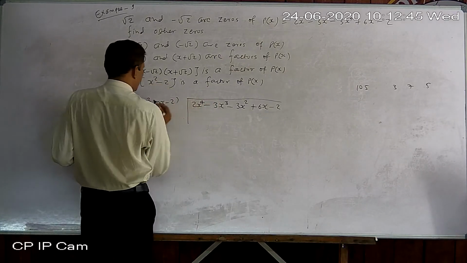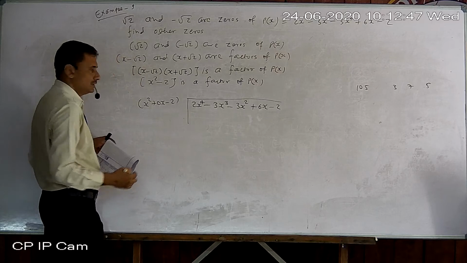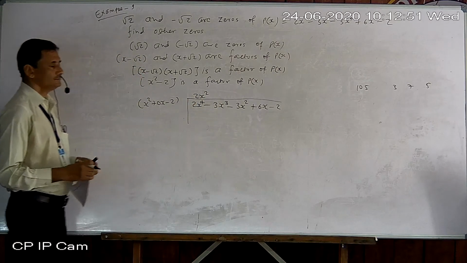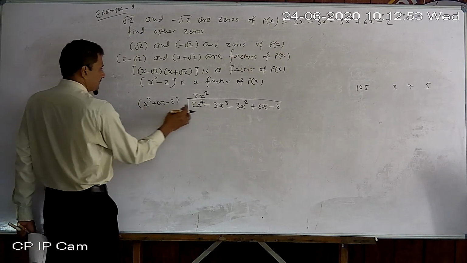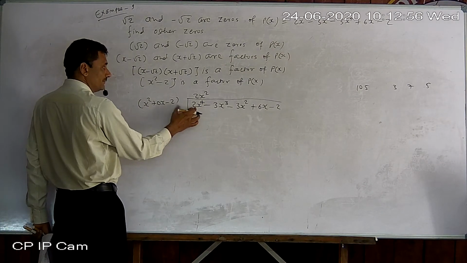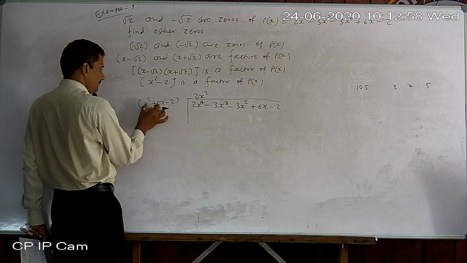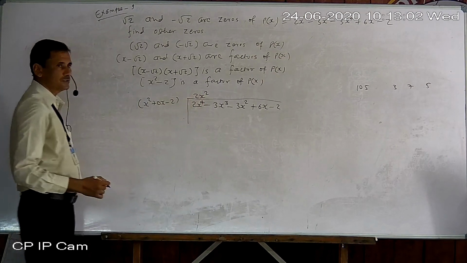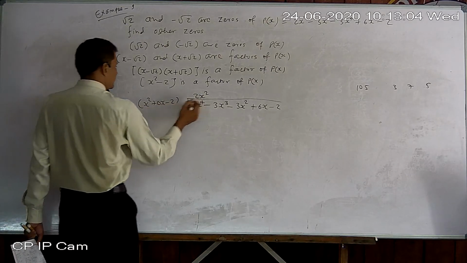Now I want 2x4, so I have to multiply by 2x square. Right? From x square I want 2x4. We already discussed this process: by comparing the first term only, we decide the term in the quotient. So 2x square.